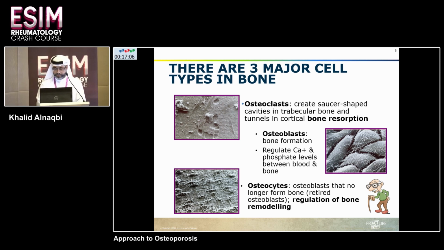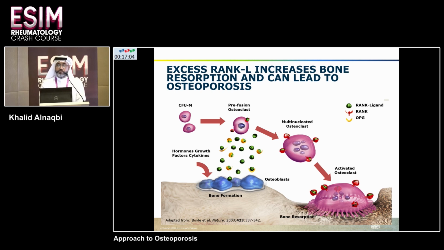Blast, building. So in many instances that leads to osteoporosis, there is excess of RANK ligand. If you look at this diagram, this is CFU, colony forming unit monocytes. They start transforming into osteoclast, especially if there is some kind of physiological reaction that is related to RANK ligand that is connected and attached to RANK.